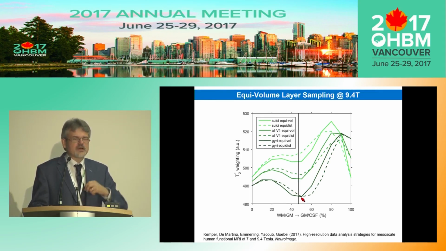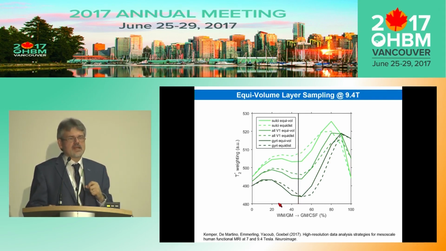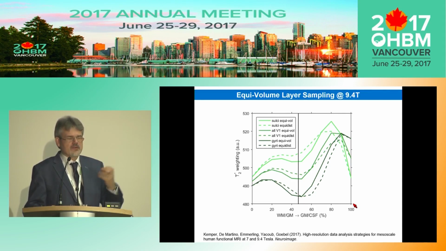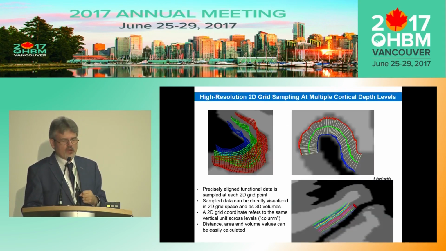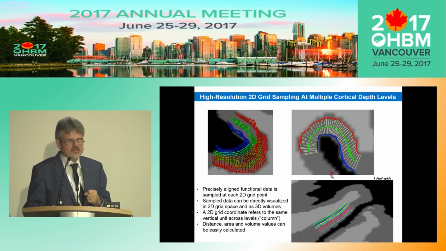Whereas if we adjust our sampling by the Bok principle, we always get this dip, which indicates the Gennari stripe, in the middle across the cortex. So that shows that these anatomical principles are really relevant and valuable, and we need to use them for our high-field imaging. So this is how these grids look.